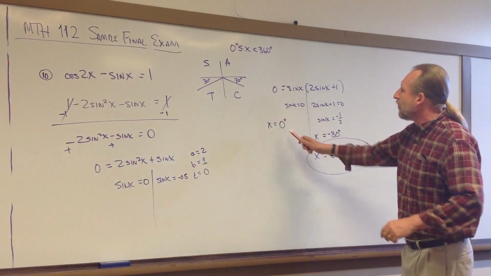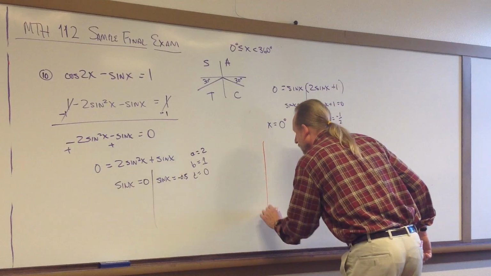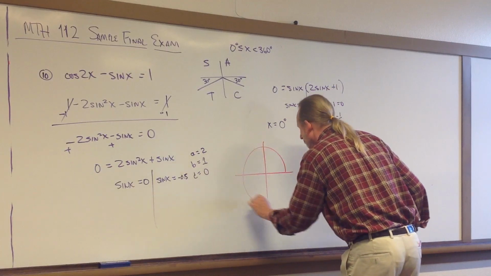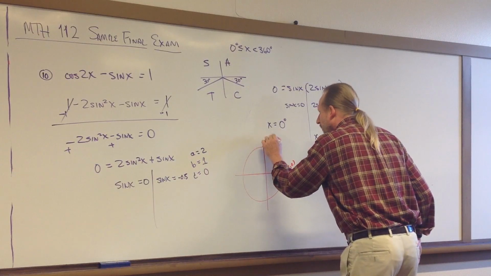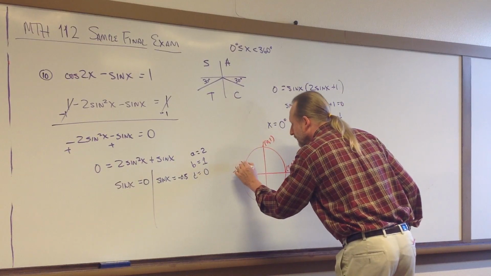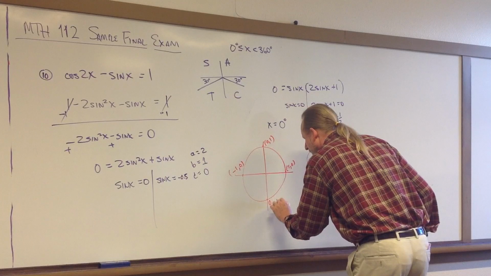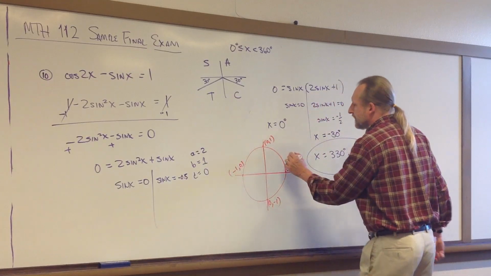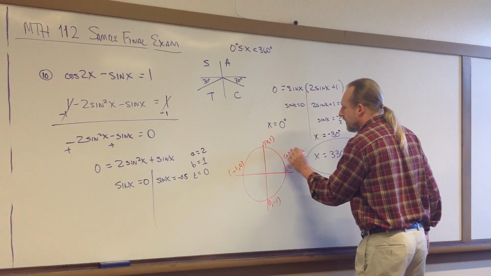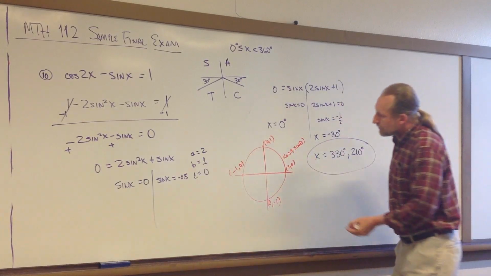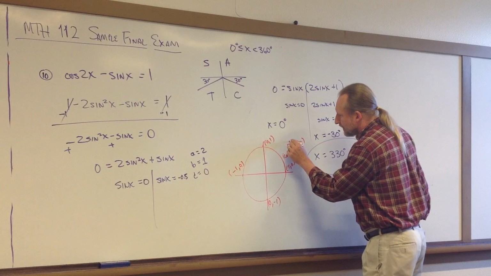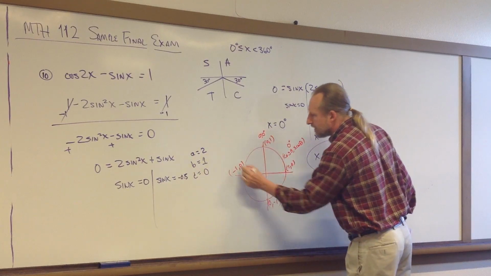All right, what am I talking about? Here's the unit circle. These points are 1, 0, 0, 1, negative 1, 0, and 0, negative 1. They also represent the cosine and the sine of whatever angle is here. So here, this is 0 degrees. This is 90 degrees.